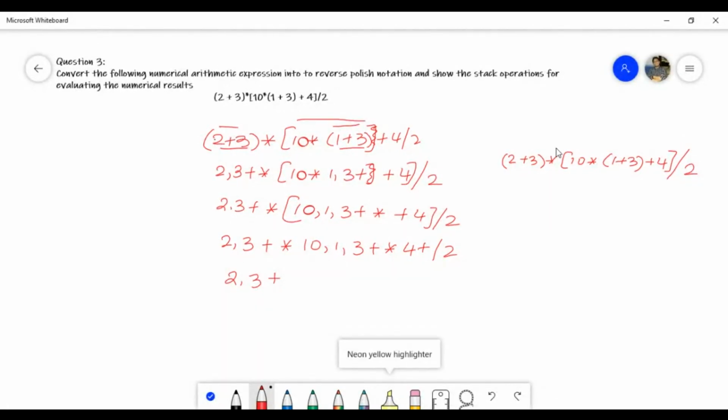So this expression is divided by 2, which means this is the last operation.